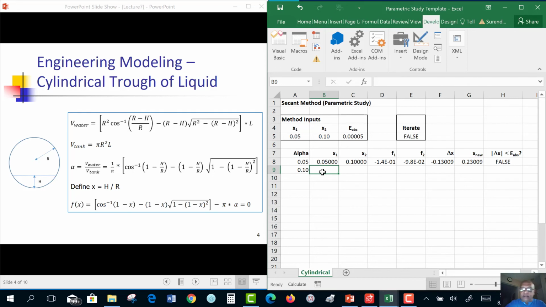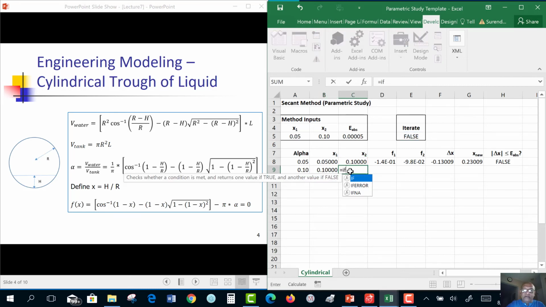So we are going to say if iterate is equal to false, get the initial guess from here. Otherwise, pick up the x2 value from the same row. Same thing here.